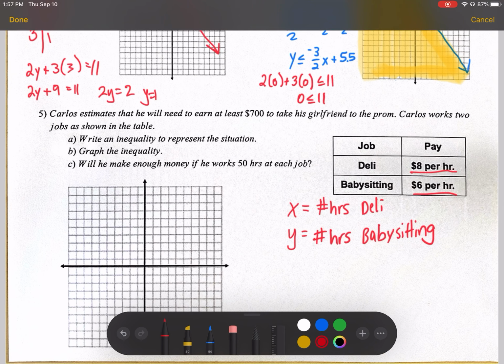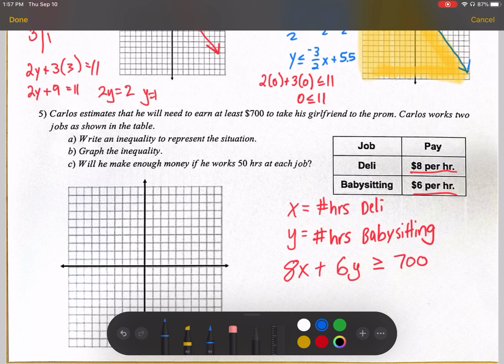So when we write our inequality, it's $8 per hour at the deli plus $6 per hour babysitting. And we need that to be at least $700. At least means it can be $700, it can be more than $700, but it can't be less. So we want that to be greater than or equal to $700.